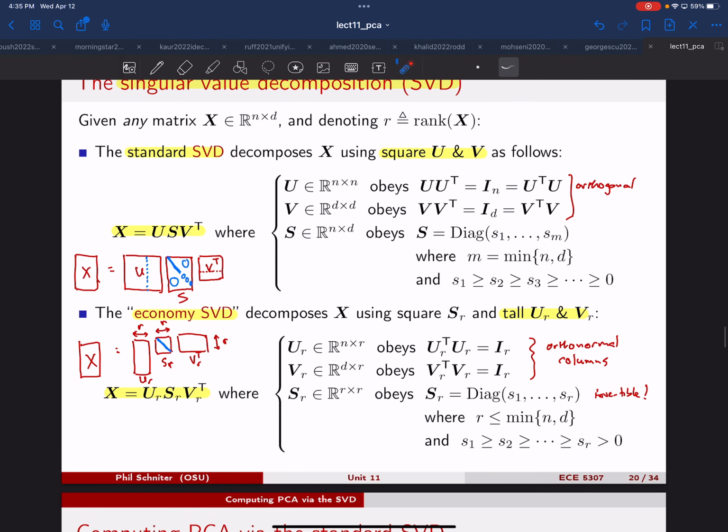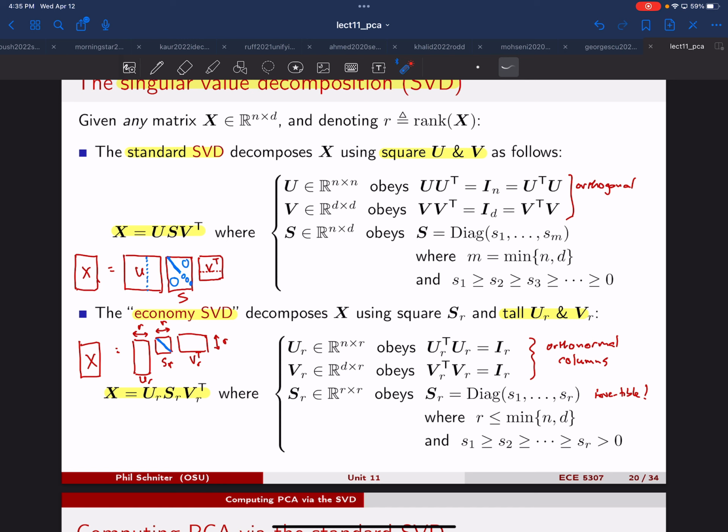This economy SVD does not compute all of them. It only computes the ones you need that actually define X. And we call that number little r. Little r is the rank of the matrix. Big R is the approximation rank. Is big R smaller than little r or bigger?